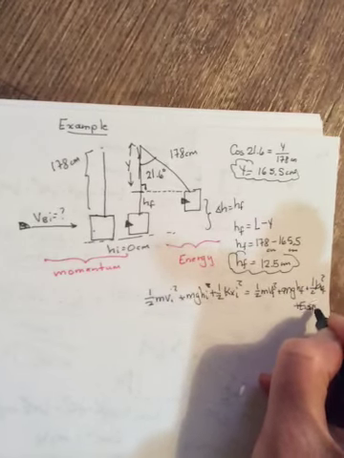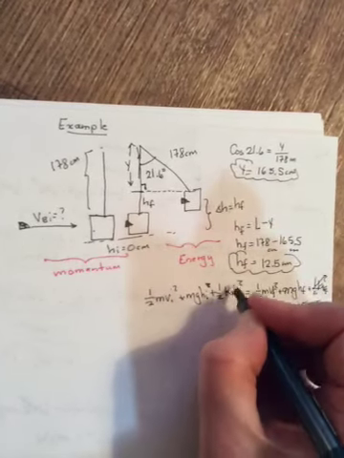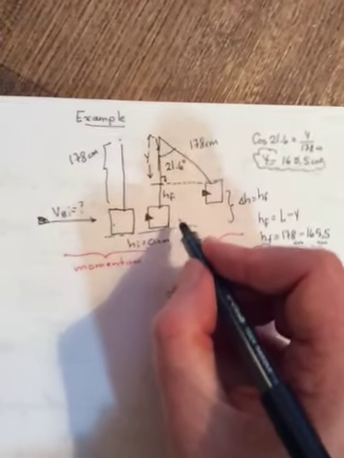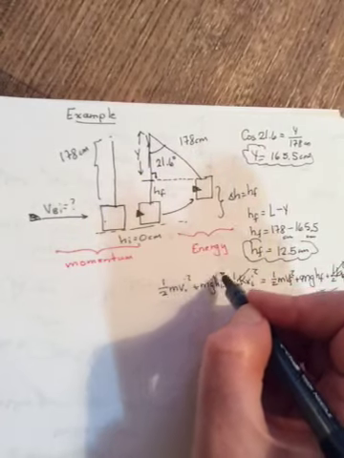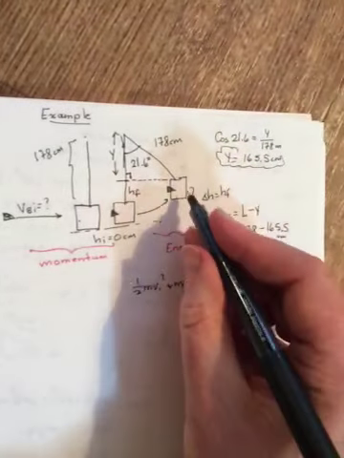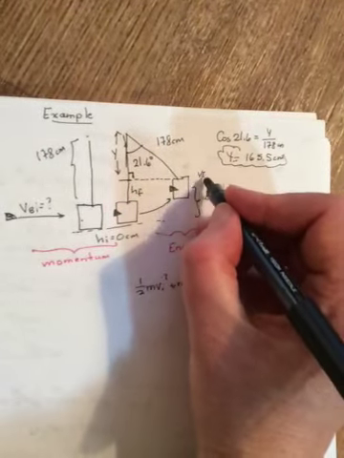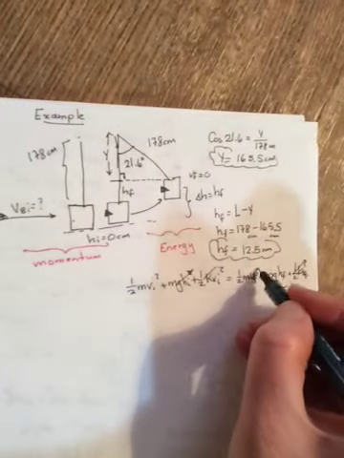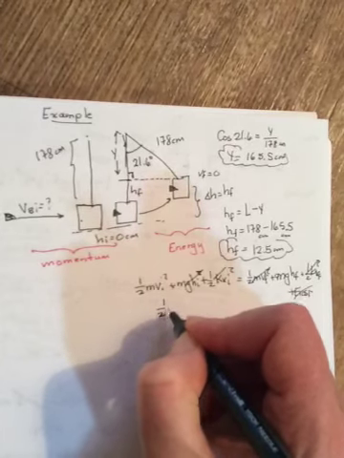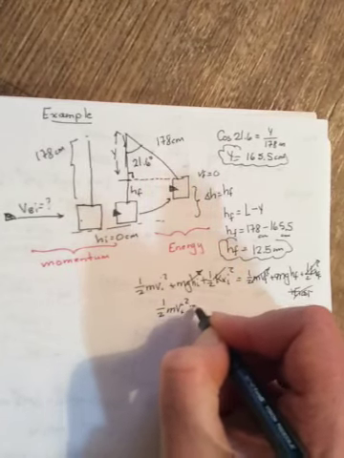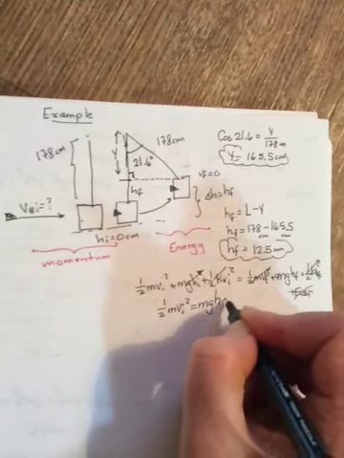And there's never any E lost in pendulums. And there's no spring. So initially, before it began to swing up, it had a speed but no height. Finally, when it reached its highest spot, it doesn't have a speed, but it has a height. So we're left with 1/2 m v initial squared equals m g h final.